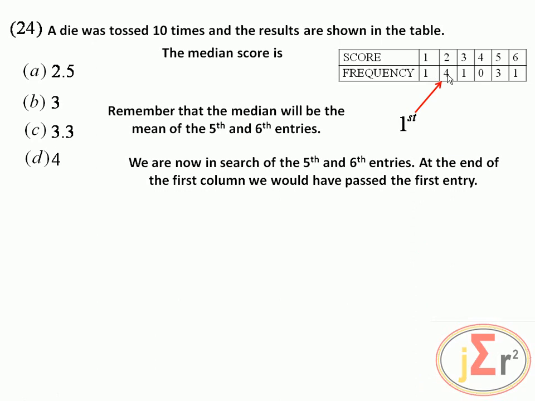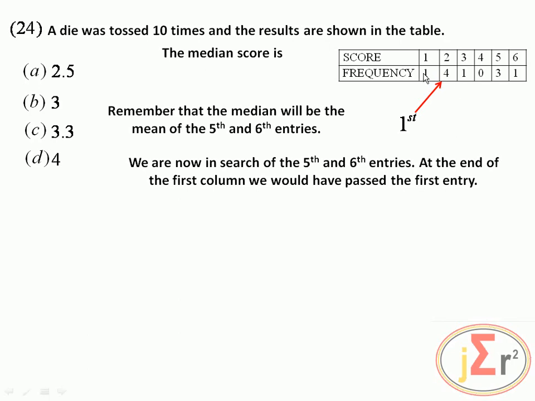Now we have a frequency of 4 right here, so we have inside this slot another 4 entries. Therefore, by the time we get to this point, we would have passed the 5th entry.